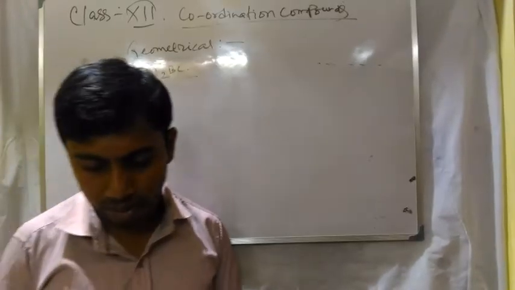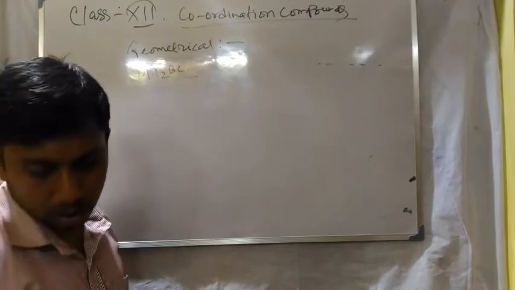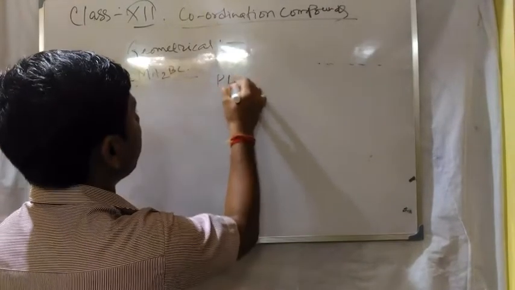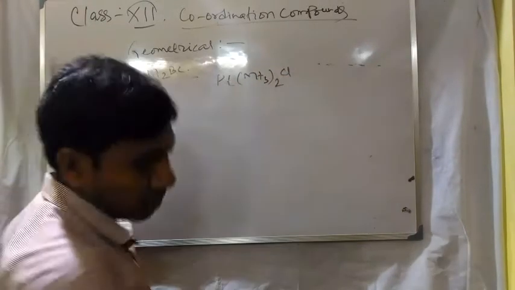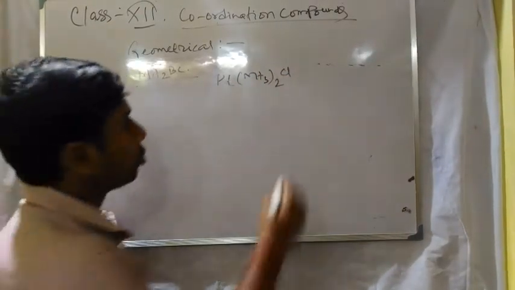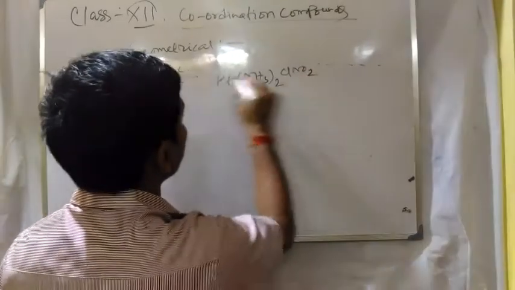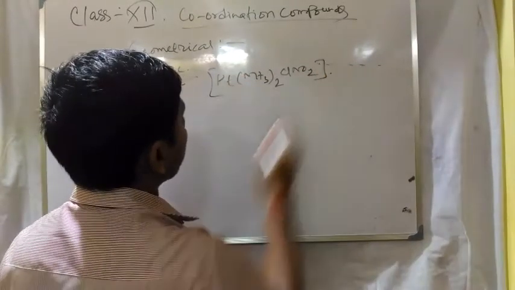Now follow the example, that is platinum NH3 whole twice, Cl, NO2. Right?